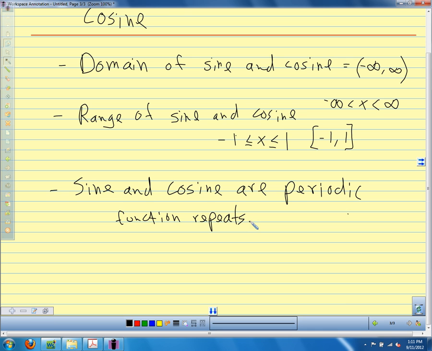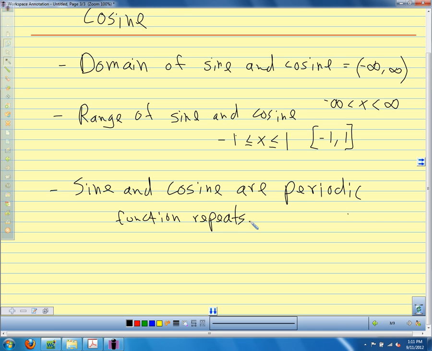So the period of our sine and cosine: if we go around the unit circle once, we get all the values between -1 and 1, and then we start around again. When we go all the way around the unit circle, how far in radians have we gone? 2 pi. We've gone around 2 pi radians, and then it repeats again.